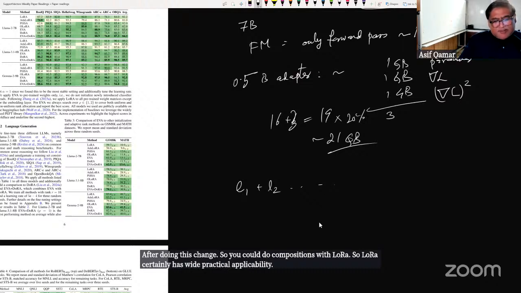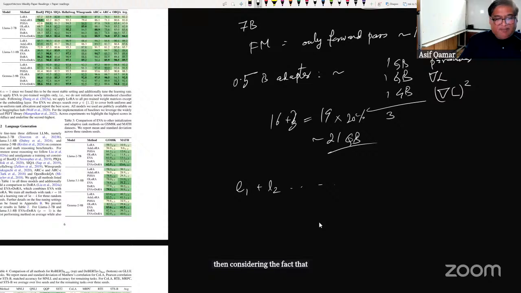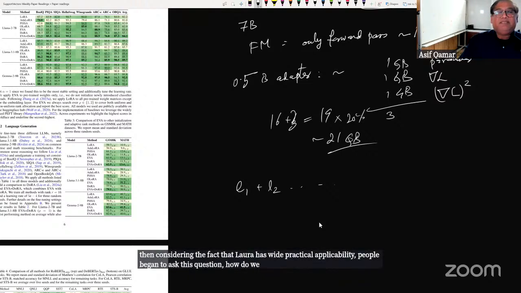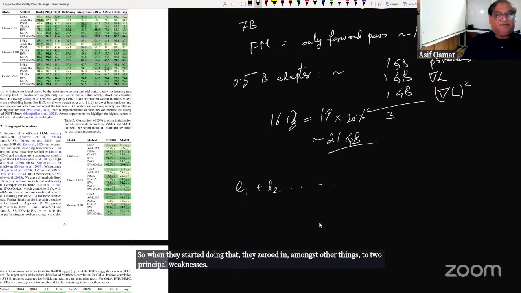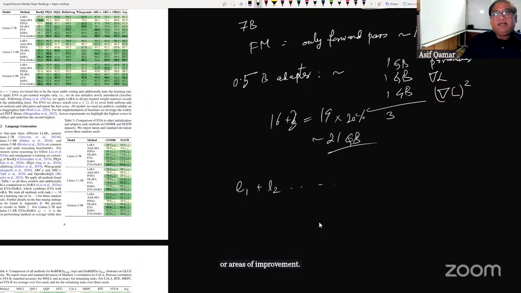Then, considering that LoRa has wide practical applicability, people began to ask this question: how do we mitigate the limitations of LoRa? So what are the ways that we can do that? When they started doing that, they zeroed in, amongst other things, on two principal weaknesses or areas of improvement of LoRa. One is, we don't know what rank to pick.